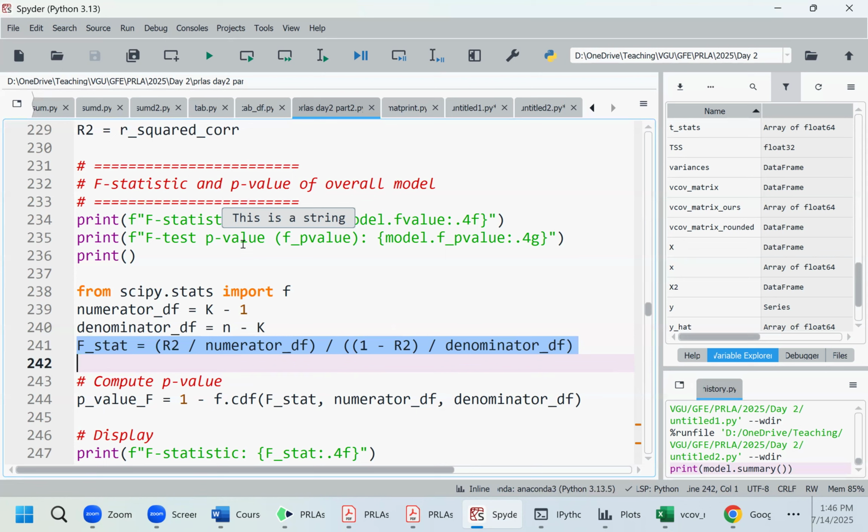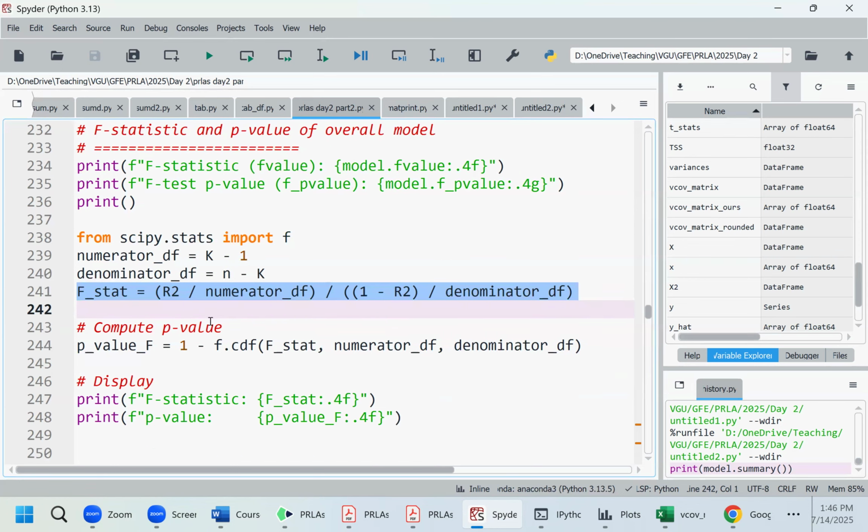The idea that you should remember is the p-value, again. This one is an example of a one-sided test. Because the F is equal to two chi-squares divided by each other, it can never be negative, right?